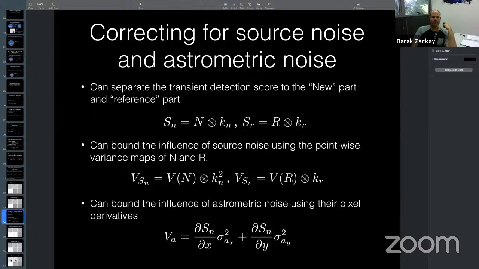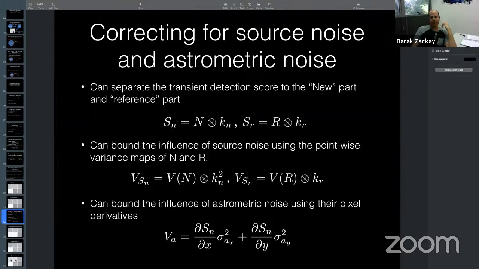One is that in order for the proper image subtraction statistic to be correct, the noise has to be the same for all the pixels, and this is manifestly incorrect, because if you have a bright star, then the source noise of this bright star can dominate the noise of the background, okay? So around bright stars, you need some correction.